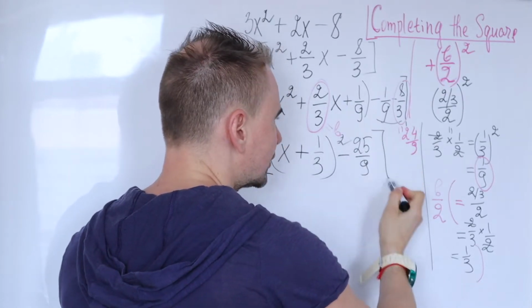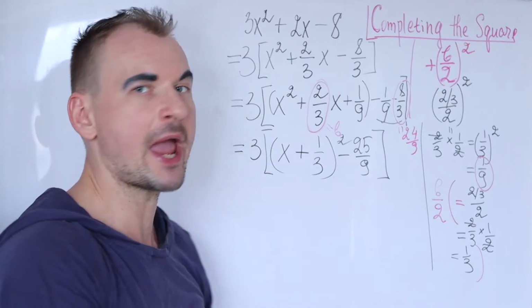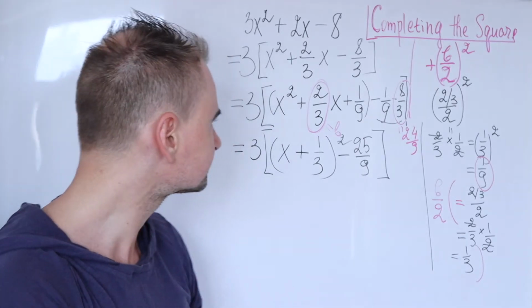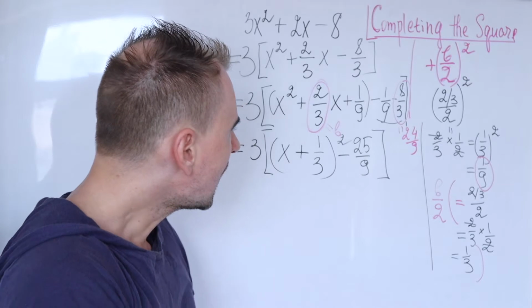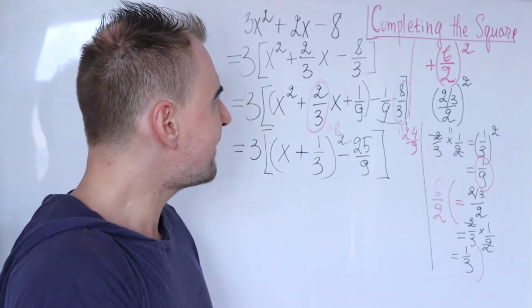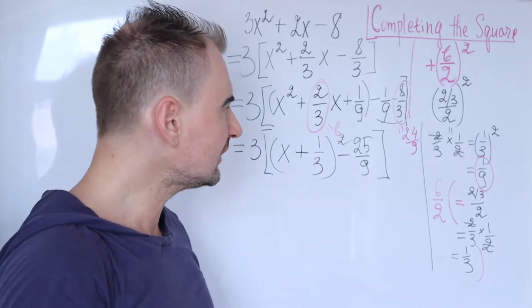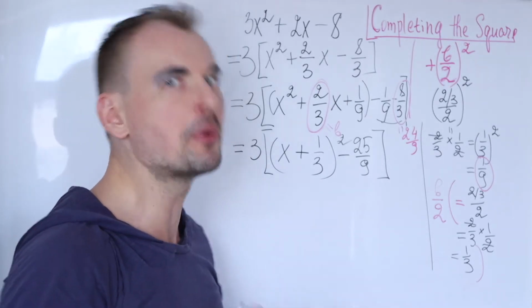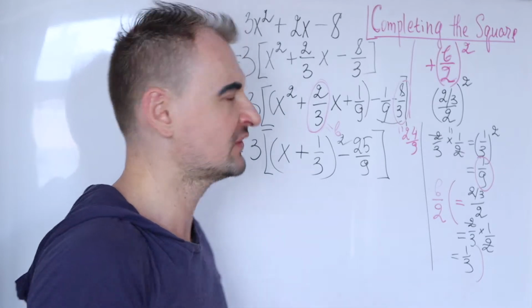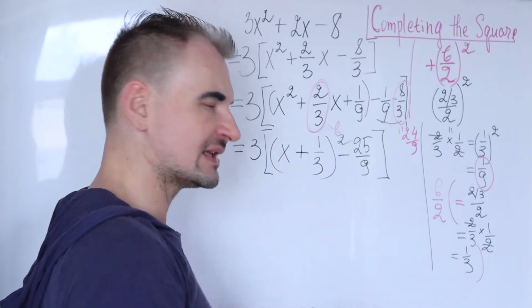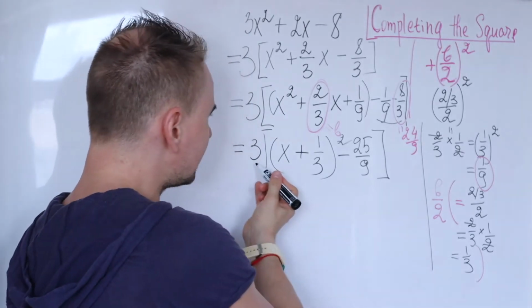And you close these square parentheses. Well, basically we're done, but to me it doesn't look as perfect as I always want. So, alright, let's say the last step. I want to distribute this 3.